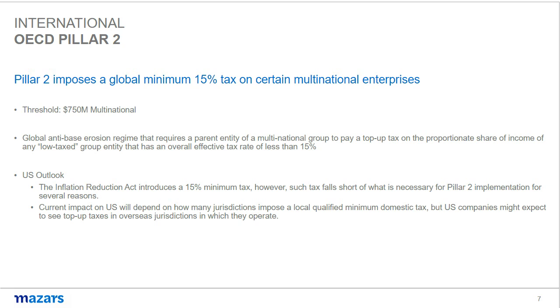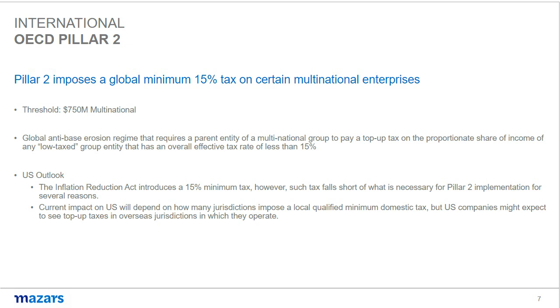So as it stands, it looks like U.S. groups will potentially be subject to top-up taxes in other jurisdictions if they impose qualified minimum domestic taxes, because the effective tax rate that they'll be paying on that foreign income in the U.S. is ostensibly going to be lower than the required 15%.